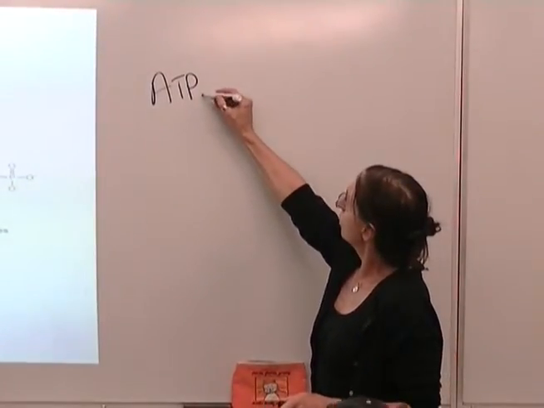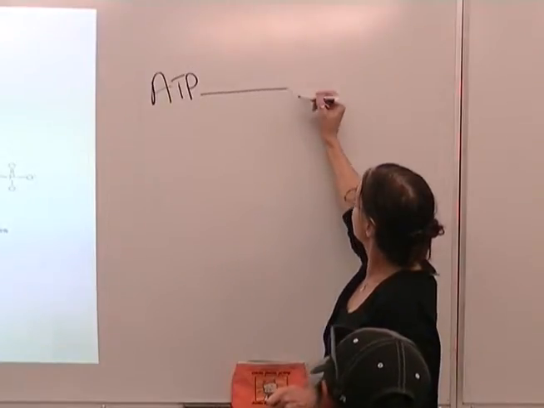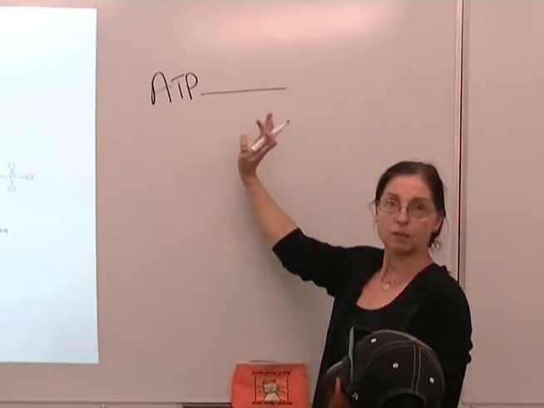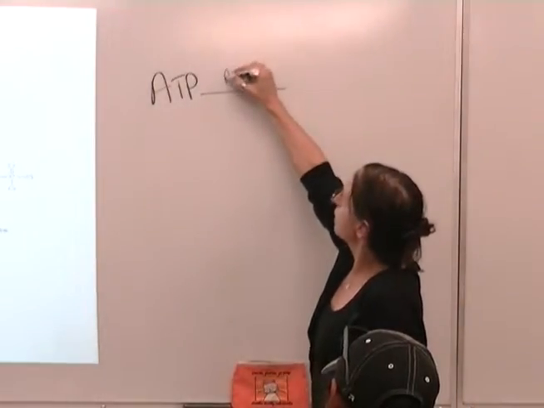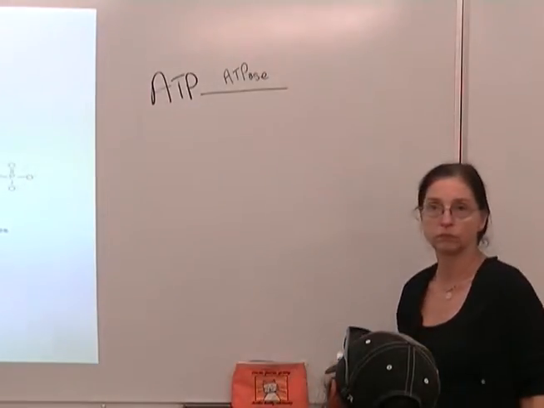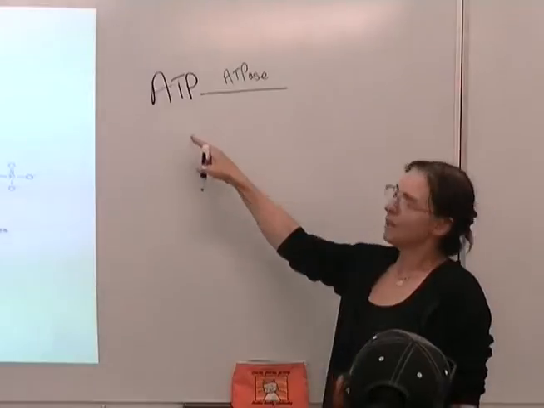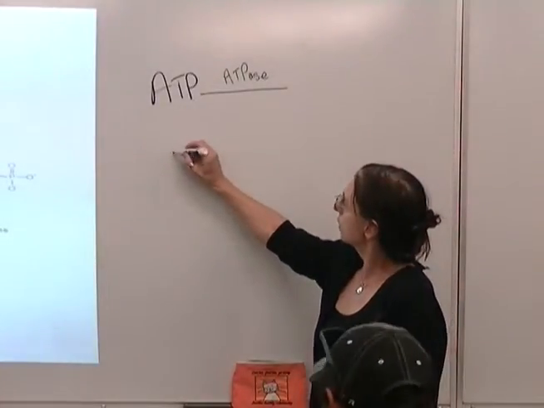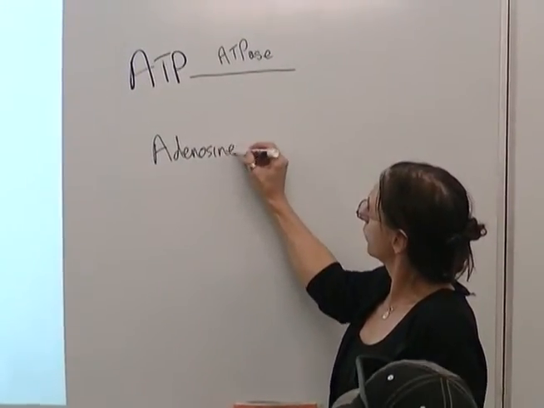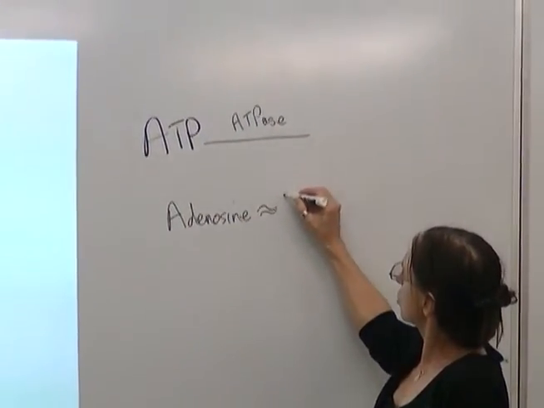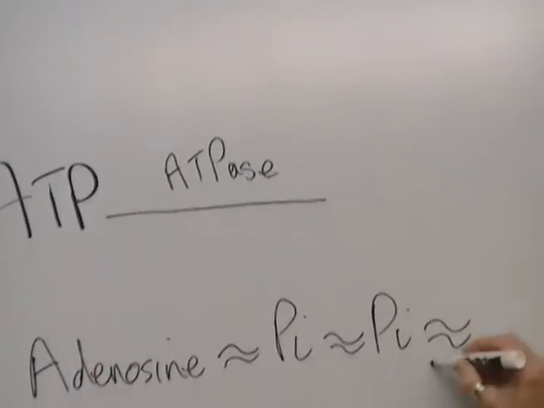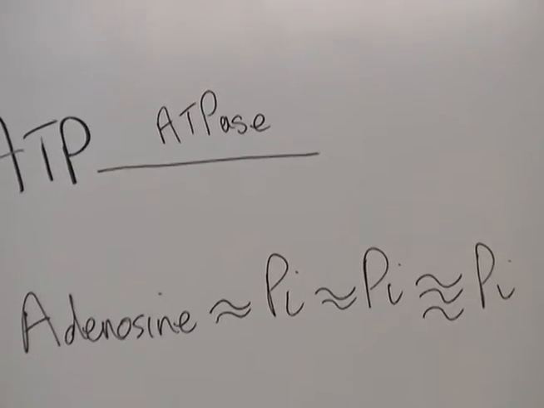Okay, and we can break it down. And the enzyme that helps us break down ATP is ATPase. Right? So the thing that makes ATP special is I've got my adenosine here, and it's attached to 3 inorganic phosphates.